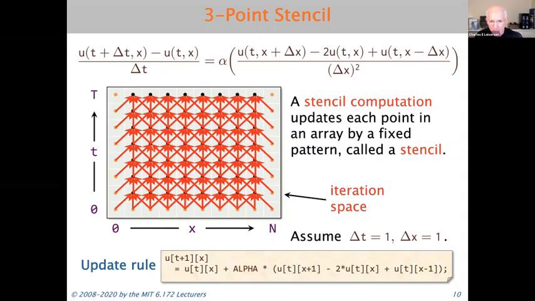So for a two-dimensional heat equation, you're going to have a three-dimensional space-time solid, and at every point, one point on one layer is going to be dependent on 5 points below. So you get, I guess, a 6-point stencil.